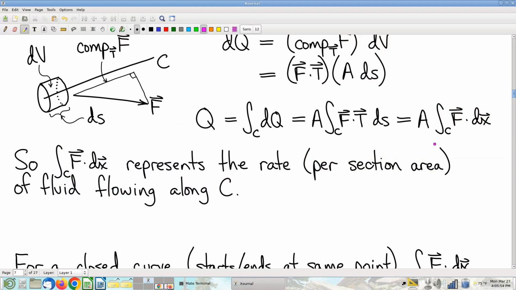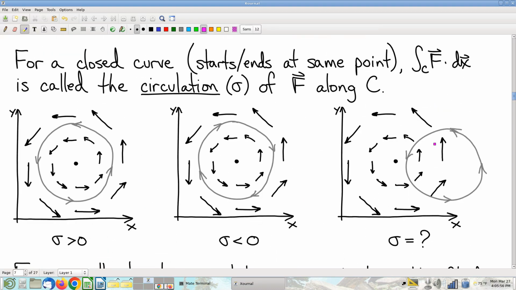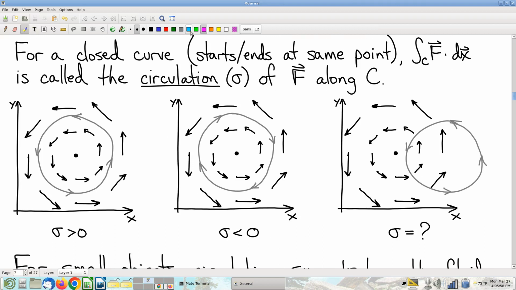Alrighty. So let me show you a related idea. This is the idea of circulation. It is an interpretation of vector line integral. Here's our vector line integral. Again, F is representing a fluid flow. And the particular case that we're going to entertain here is that of a closed curve.